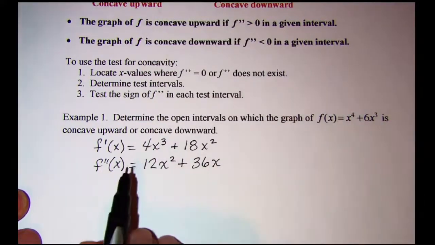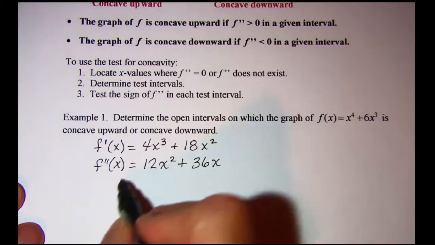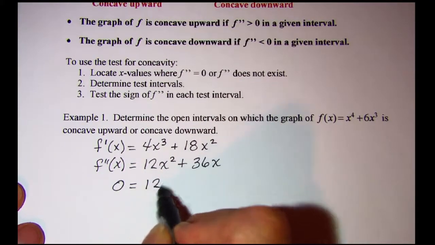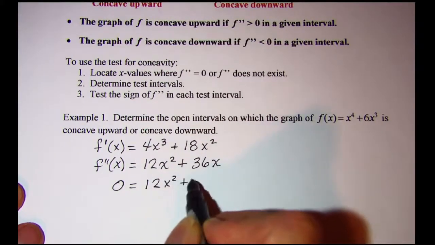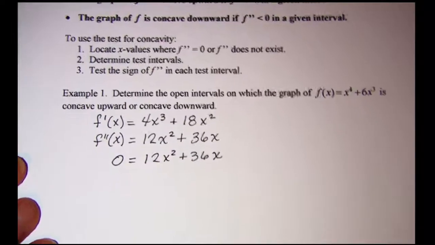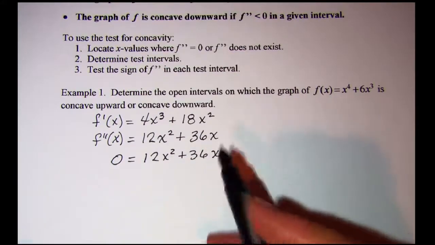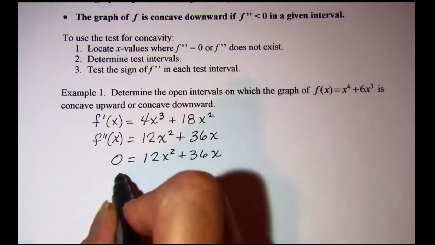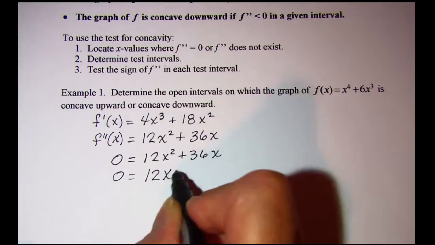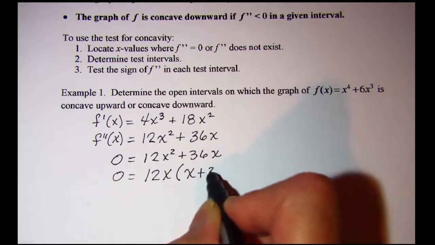Now we need to locate x values where this second derivative is equal to 0. I'm going to factor out 12x, and I'll end up with x plus 3.